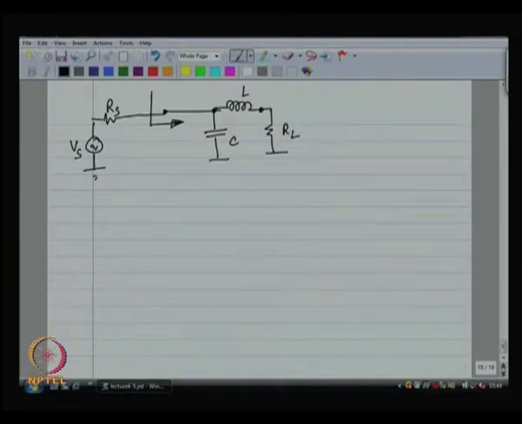Let us pick up this. Here I can transform the series combination of the inductor and R L into a parallel combination of an inductor and some other resistor. Okay.